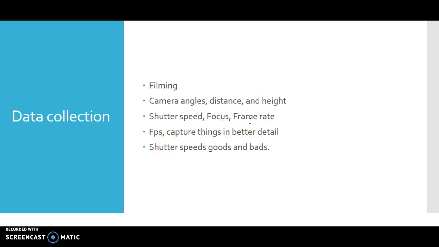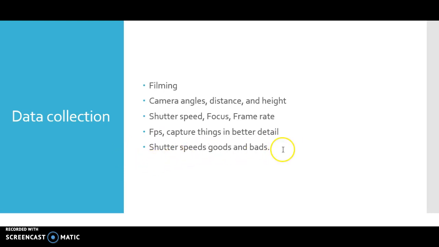And then the frame rate, capturing better images. We have frames per second, which is what frame rate is measured in, and they also capture things in better detail. The higher the frames per second, the better the detail in the picture.